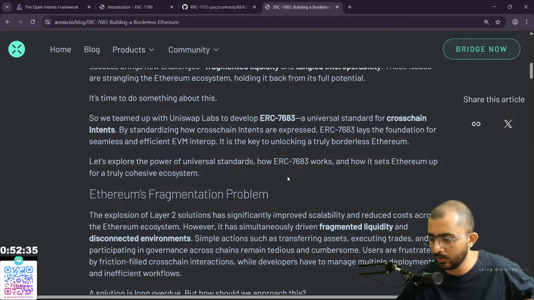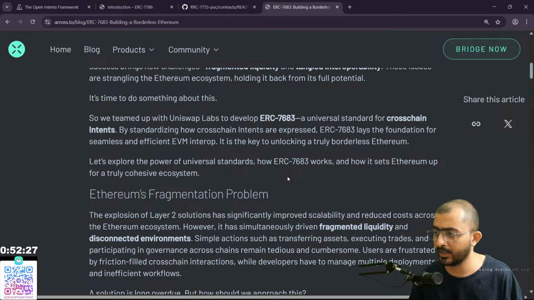It is key to unlocking truly borderless Ethereum. So it's like a standard for intents, or a standard for messages, you can say, because that's what I understand right now.